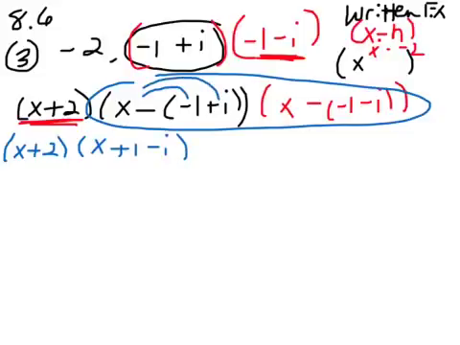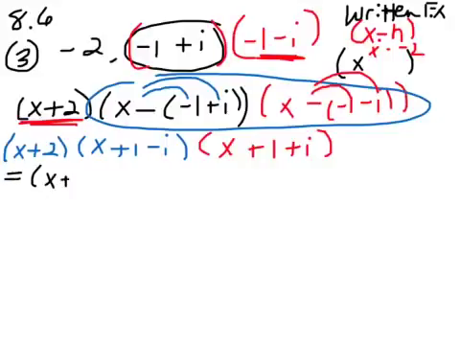Okay, so I'm going to distribute the subtraction sign inside of the middle parentheses. Over here where the red one is, and I'll do it again in red just to emphasize where I'm at, it's x, and this minus, when you distribute it to the -1, becomes a plus 1, and the minus, when you distribute it to the minus i, becomes a plus i. So now we got to multiply all that together. These are equal to each other.